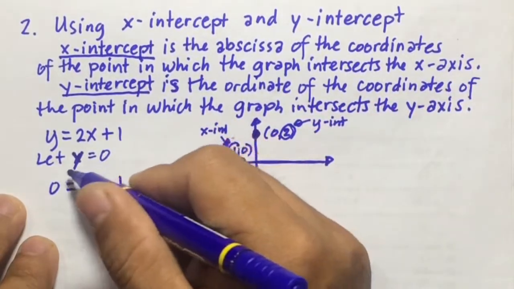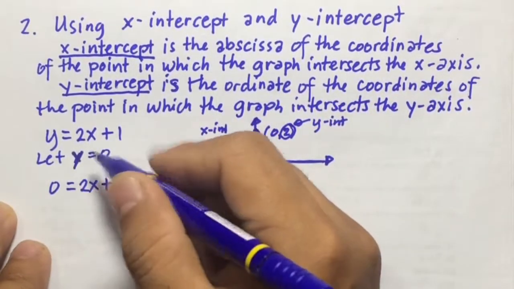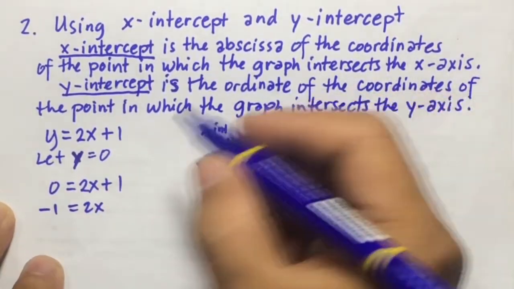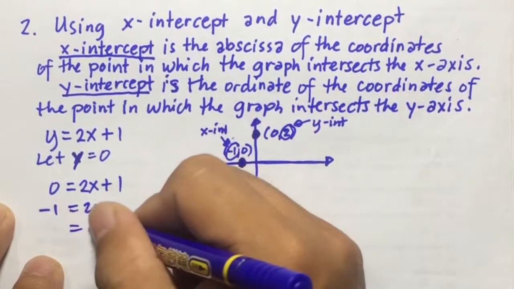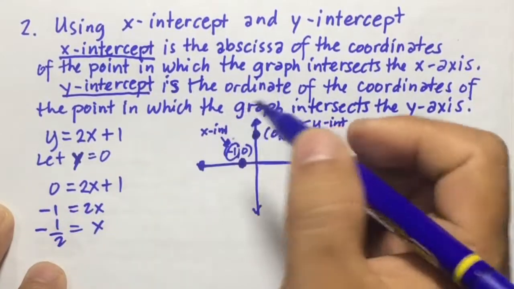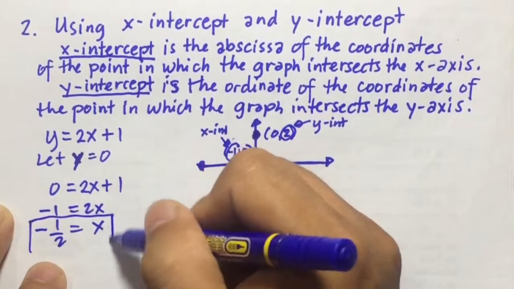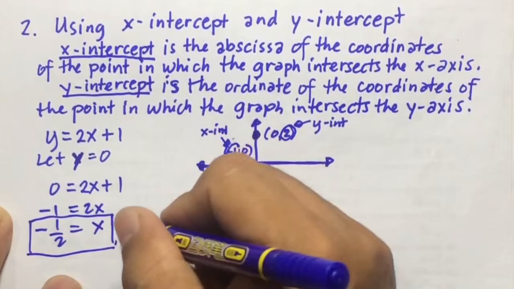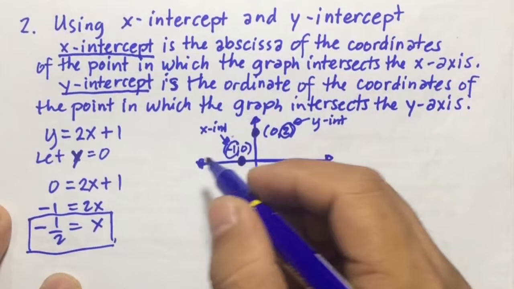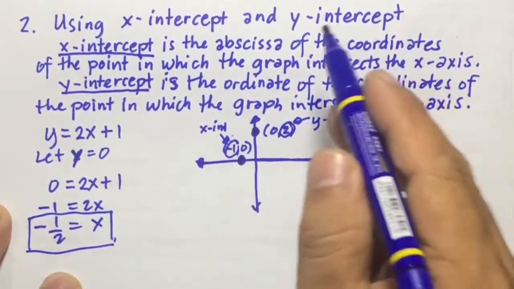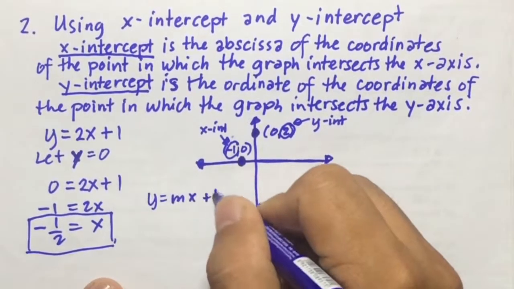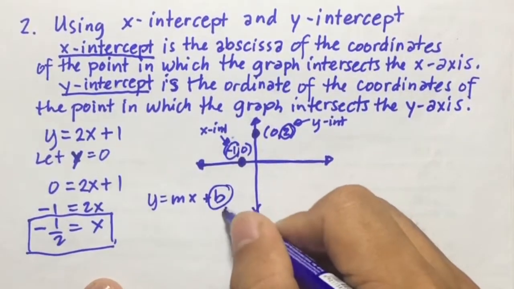Then transposing 1 to the left side, we're going to have 2x equals negative 1. And dividing both sides by 2, x is equal to negative 1/2. So the x-intercept here is negative 1/2. And if we're going to have the y-intercept in y equals mx plus b, b is the y-intercept.